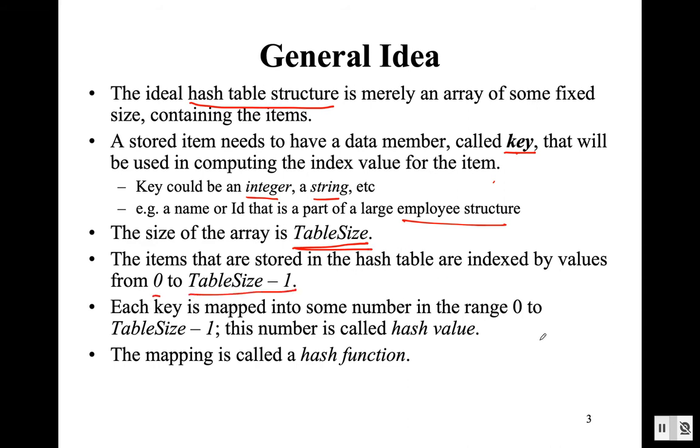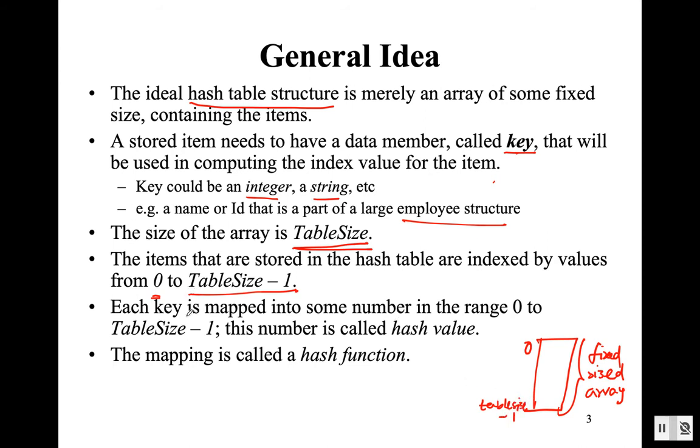So obviously the hash table itself is a fixed size array, and the items we are going to store run from index 0 to table size minus 1. The index starts from 0 and the last index would be the size of the table minus 1.